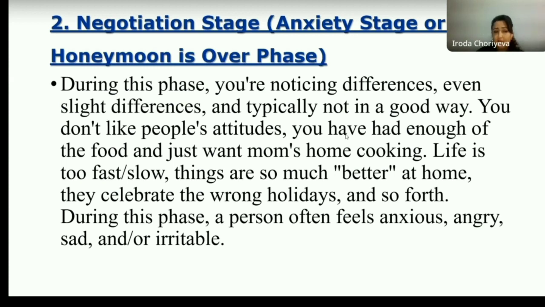Life is sometimes too fast or too slow. Things are so much better at home. They maybe celebrate the wrong holidays, and so on. During this phase, a person often feels anxious, angry, sad, and irritable.